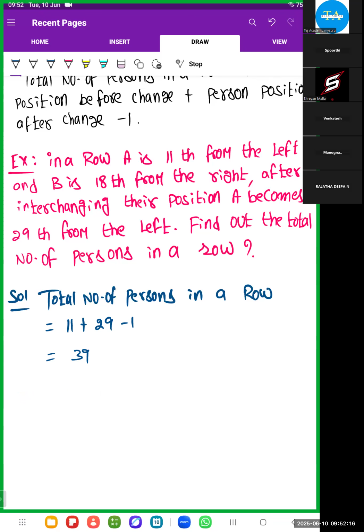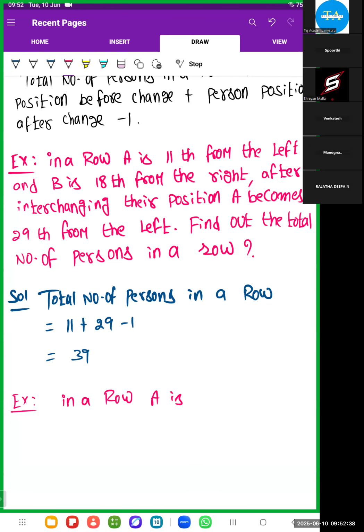Next, one more question. In a row, A is 11 from the left and B is 18 from the right.